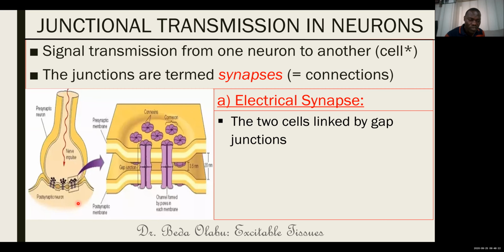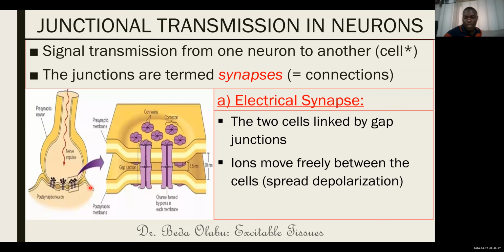If sodium diffuses to this one, this neuron will also initiate an action potential of its own, because it will have a disturbance of the cell membrane potential. If that reaches threshold, this neuron will initiate an action potential, and that is how the signal will have been transmitted from here to there.